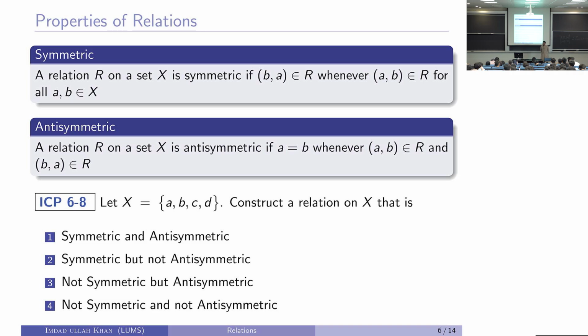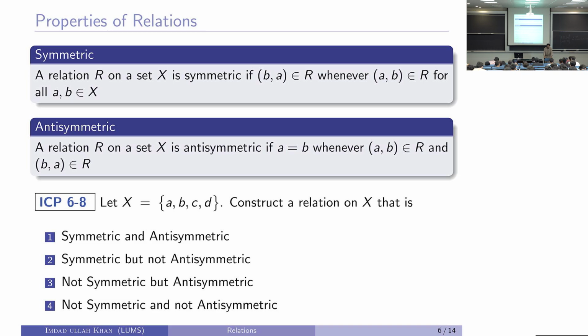We have these 4 elements A, B, C, D. I want you to construct a relation which is both symmetric and antisymmetric. Quickly. Generally small ones. Just write AA, or BB, right? It's symmetric, right?